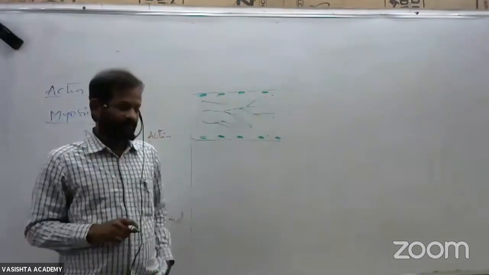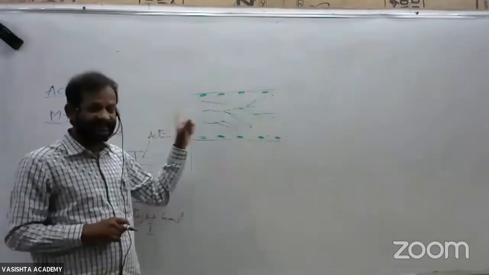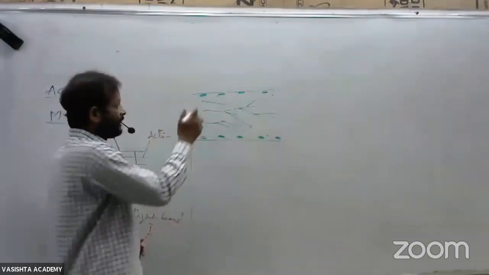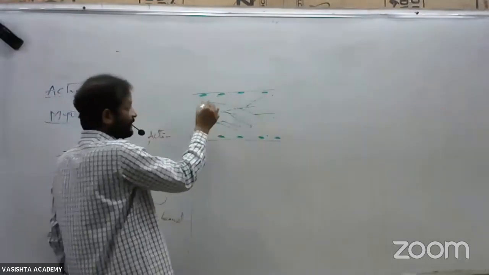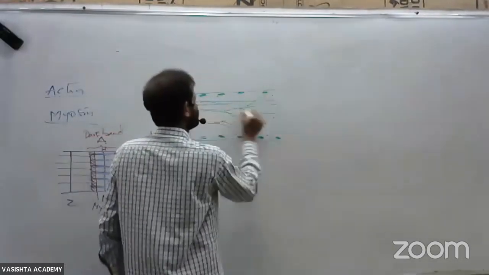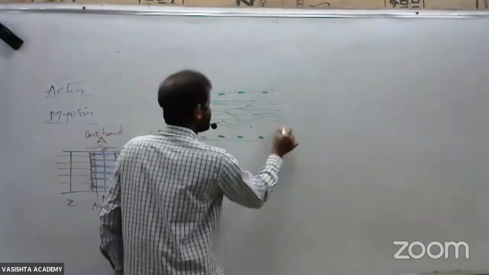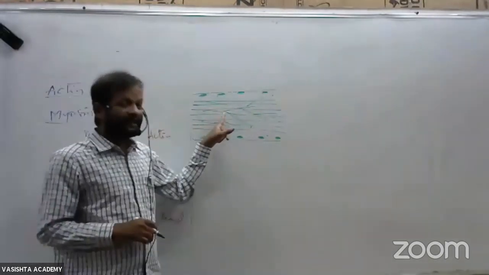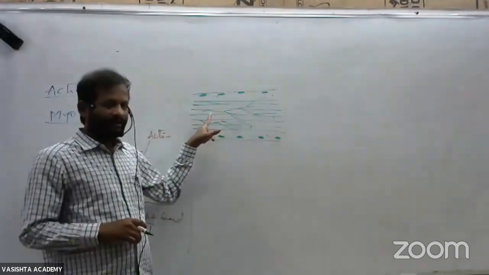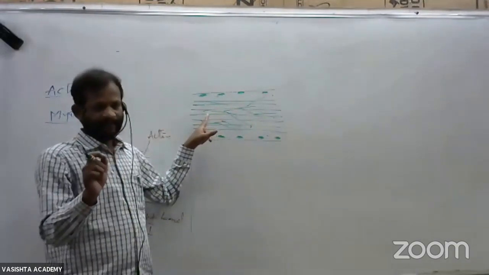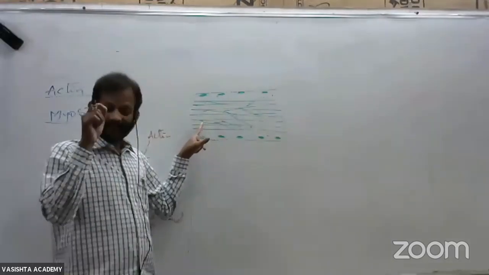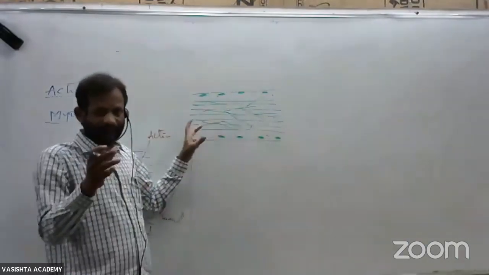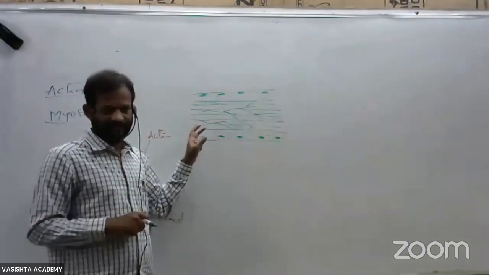Syncytial cell. So muscle cell is an example for syncytium in humans, multinucleated. Now along with this, myofibrils. When I explained about sarcoplasmic reticulum, I said one point there. That is the storehouse of calcium. So it will hold calcium ions.